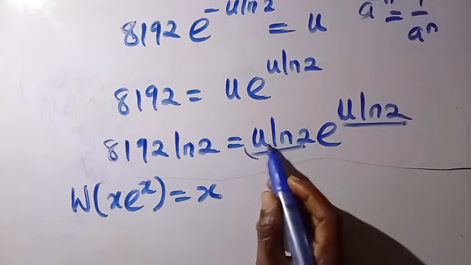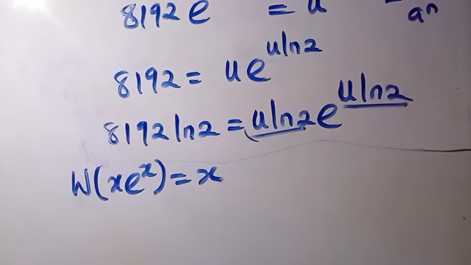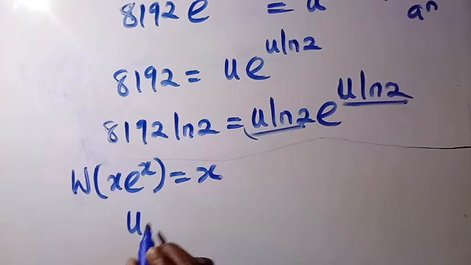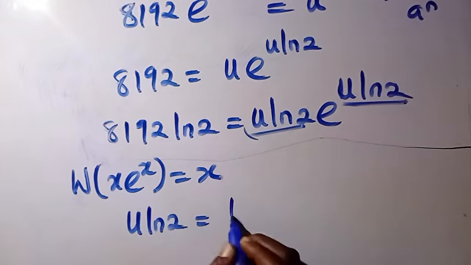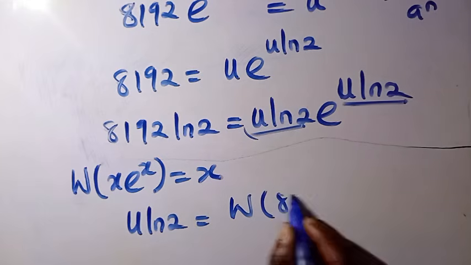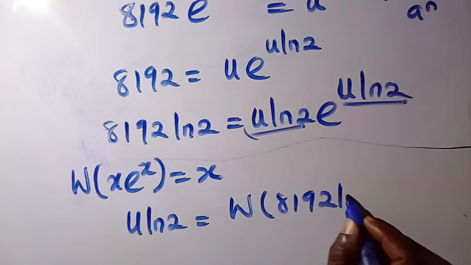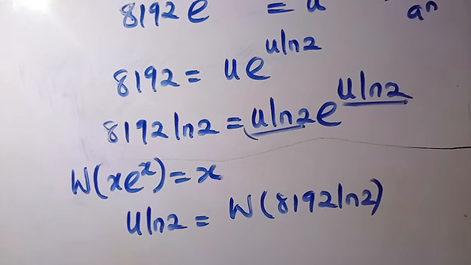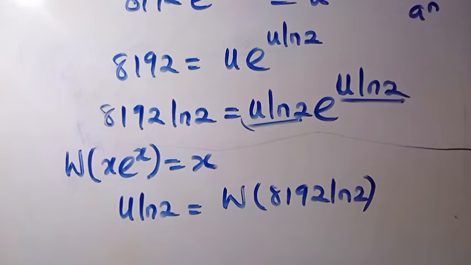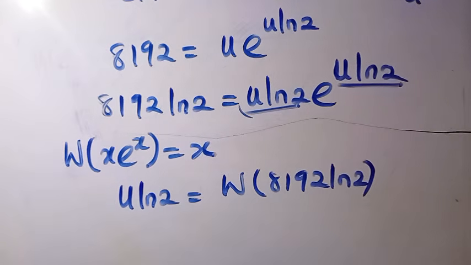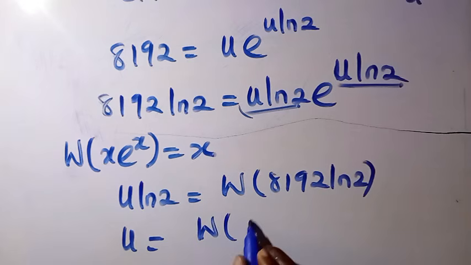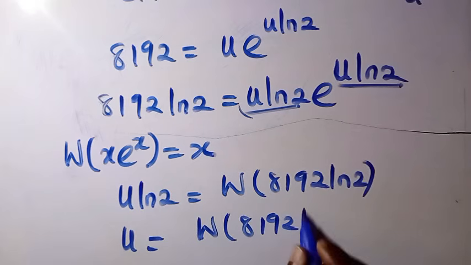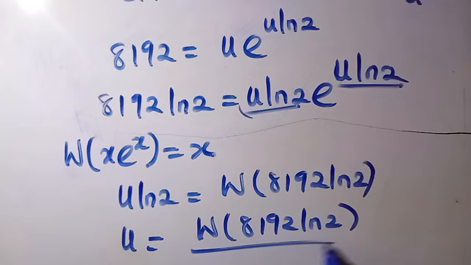I only need to take u ln 2. So by taking that, we have u ln 2 = W(8192 ln 2). Then if I divide by ln 2, we have u = W(8192 ln 2) / ln 2.